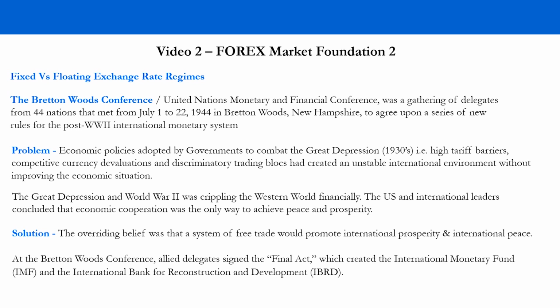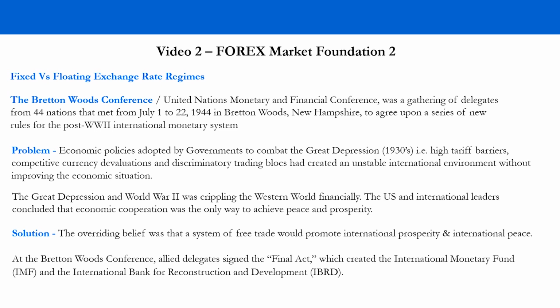The US and international leaders after World War II decided that the only way to deal with these two major issues was further economic cooperation. And this, in turn, would achieve peace and prosperity. So the solution put forward was an overriding belief that the system of free trade would promote international prosperity and international peace.